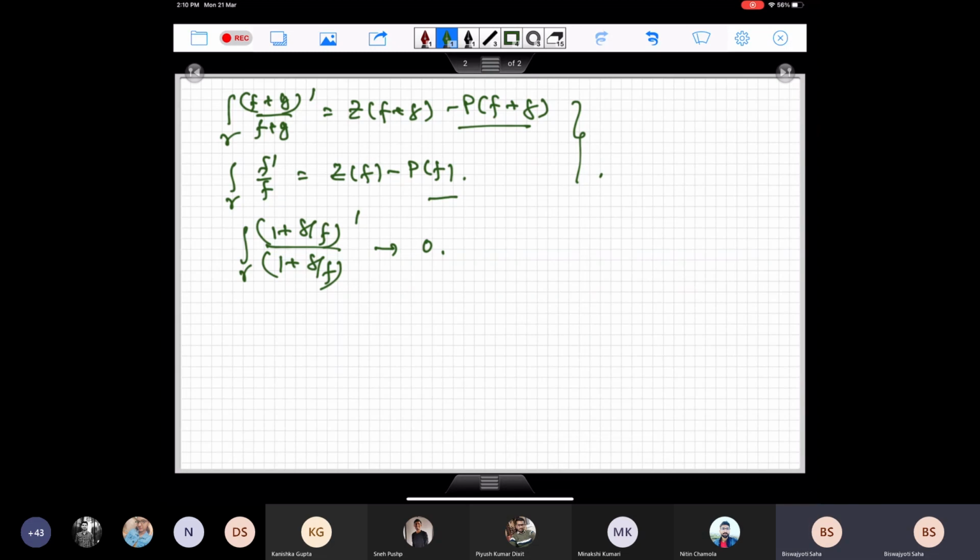Okay. So the same argument works, and this becomes 0. So absolutely no change in the proof, except for these two. So is this clear to all of you?